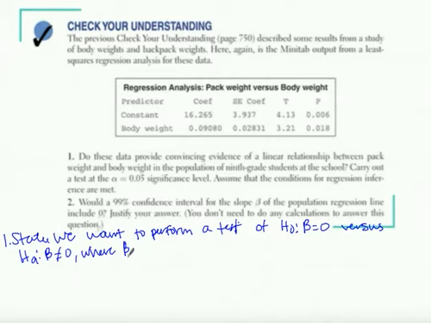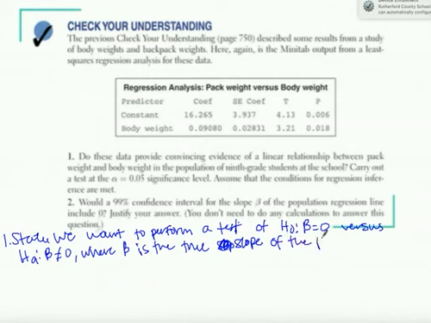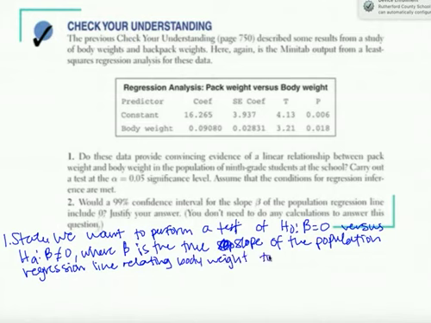Where beta is the true slope of the population regression line relating body weight to backpack weight.